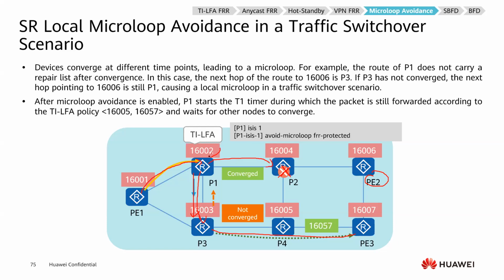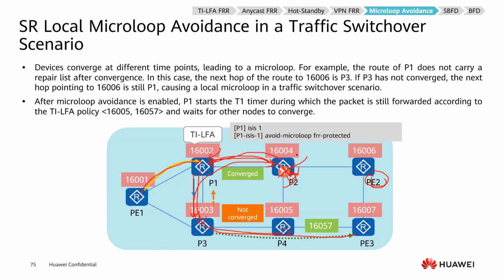But during this time, P1 has already converged, but P2 has just started, just recovered from the bad situation. During that time, P2 is not fully converged. Traffic that goes into P2 might need to go back here. So P2 will send to P1, and P1 will send to P2 again.